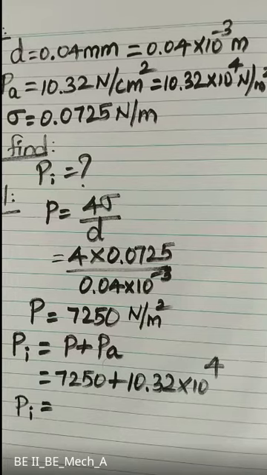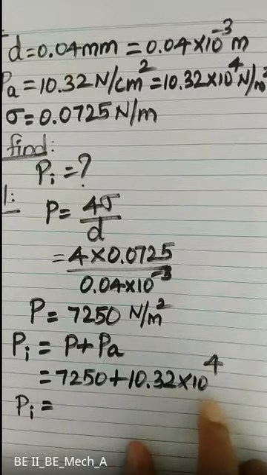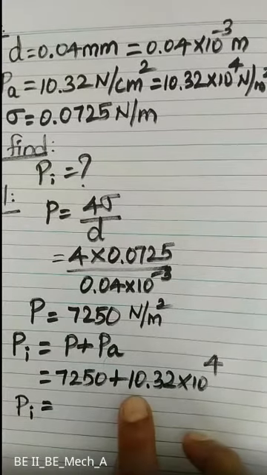What is the value, Guna? Here it is 10.32 into 10 to the power 4, so the value is 1,03,200.